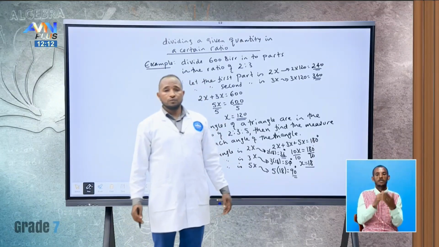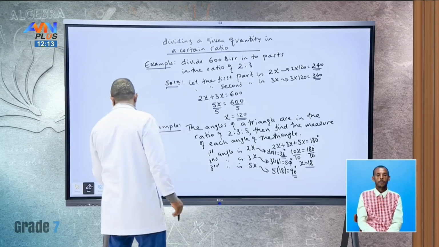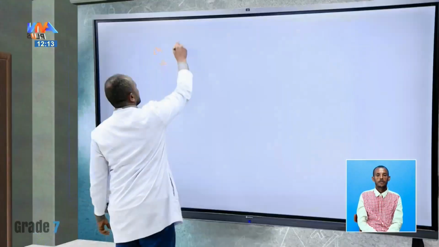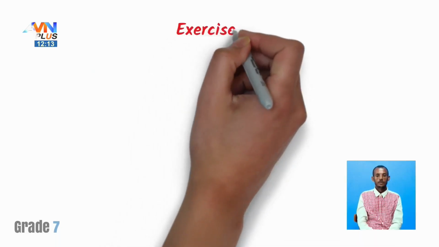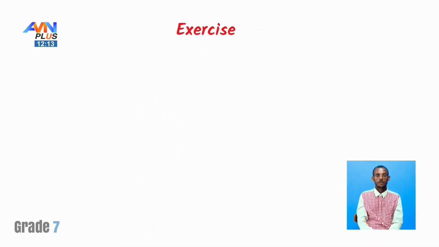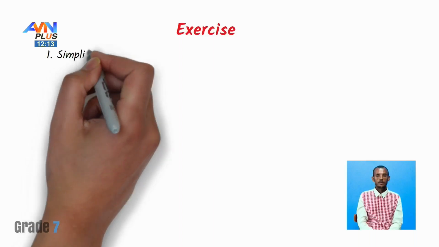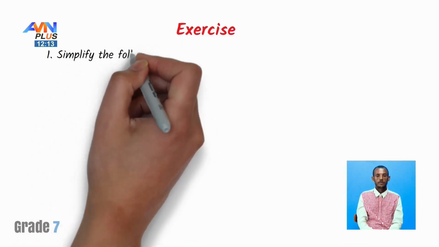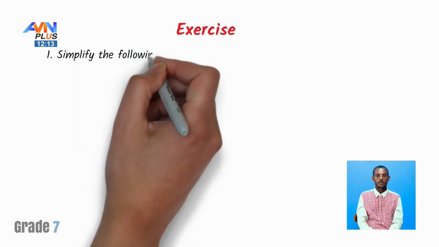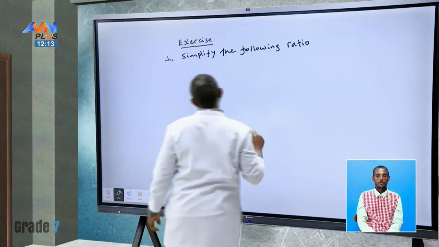So I'll give you an exercise for you to try at home. Exercise. First question. Simplify the following ratios.